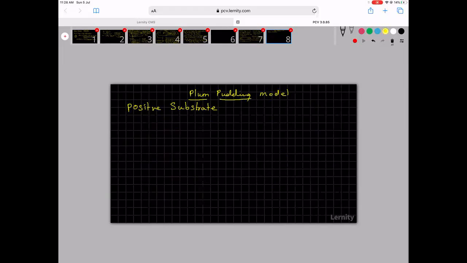Plum pudding model is simply the Draksha Payasam model. The payasam is the positive substrate. In that payasam, you had electrons, negatively charged particles. That is the draksha and kaju that you put in payasam. When you applied a very high potential at low pressure, these drakshas were coming out and constituting the cathode rays.